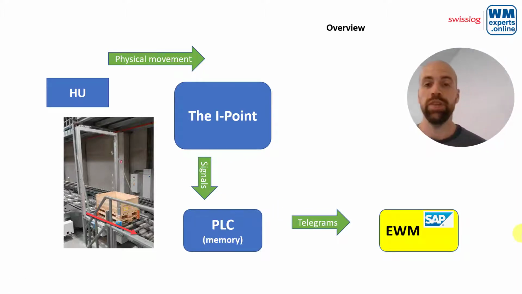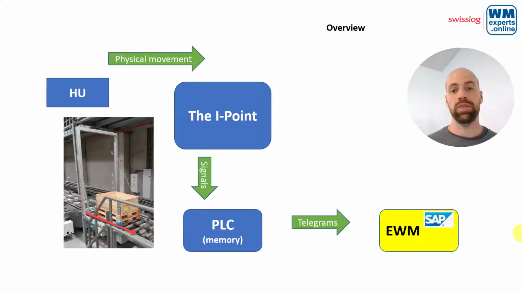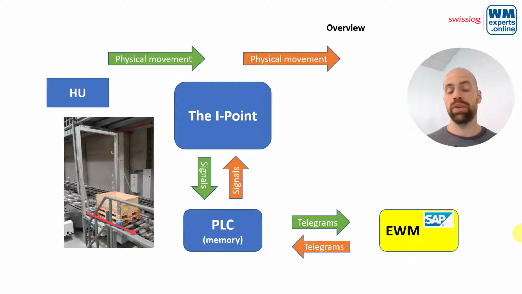So at this point in time, EWM has the information that was collected at the iPoint, and EWM processes this data, and as a reaction triggers a follow-up action that could, for instance, be an additional warehouse task which is responsible to move the HU away from the iPoint to its next destination.